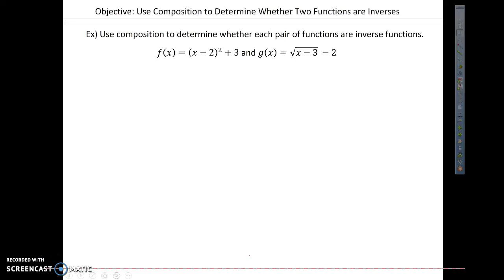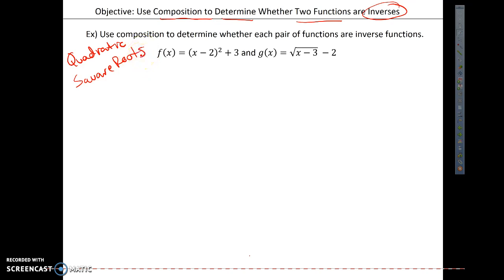Hello, in this video we are going to use composition in order to determine whether two functions are inverses. These examples are going to focus on quadratics and square root functions.